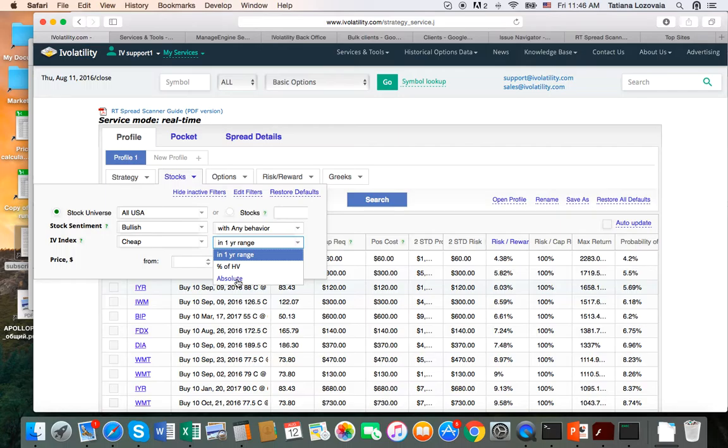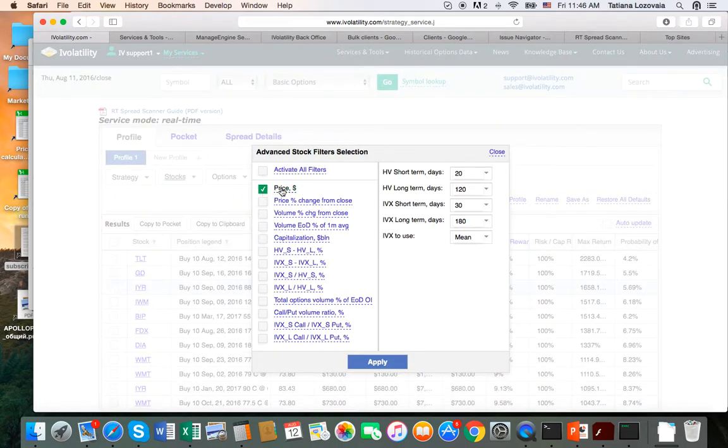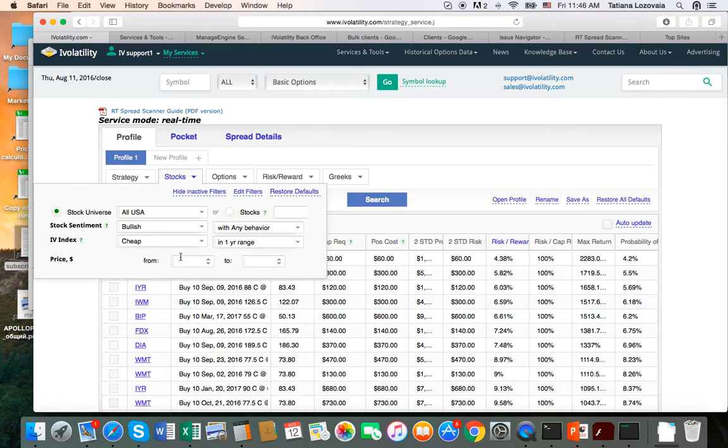In this case, if volatility is below 20, it's supposed to be cheap. But let's leave the first choice, 1-year range. And we also activated an additional filter, price for stocks. We probably don't want to buy stocks under $5.